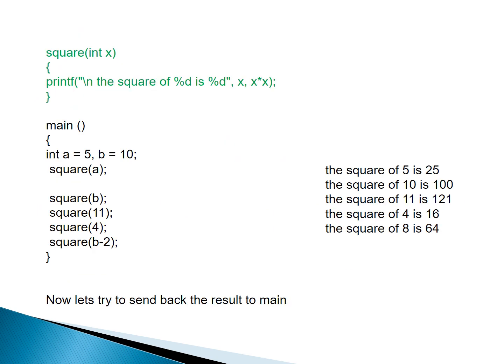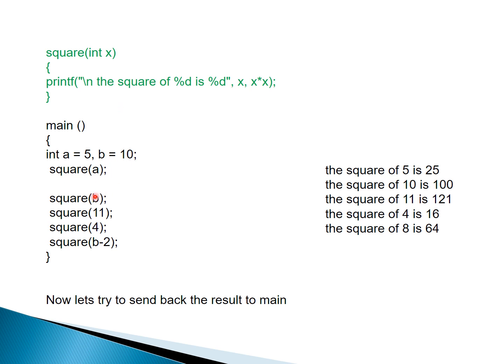Okay, so it's the previous example, the one we discussed earlier. We send a variable value to the square function, and the result is printed here in the square function.